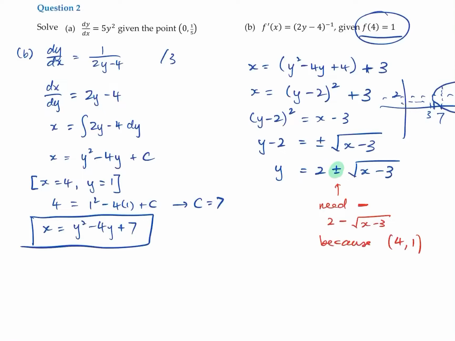Now I looked at a graph here, but you can substitute in, right? You've got 1 equals 2 plus or minus square root of 4 minus 3. Okay, so that's the true statement, 2 minus.